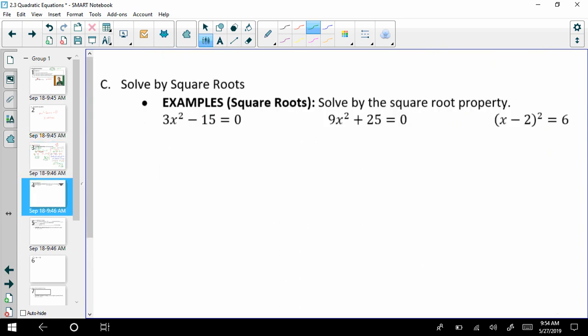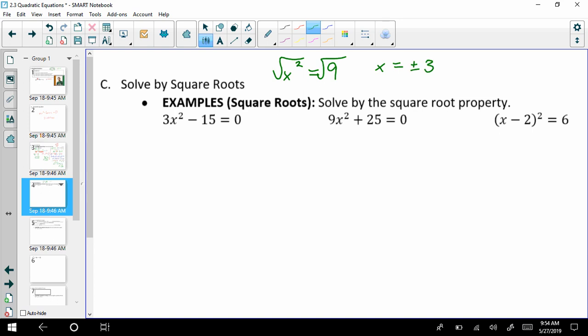Now, the unfortunate thing with factoring is it's not always going to work to solve quadratic equations. There is another way that you can solve quadratic equations, and it's just using square roots. It's going off of the fact that if I had something like x squared equals 9, well, to cancel out the square, I could just square root, and I would get two answers out.